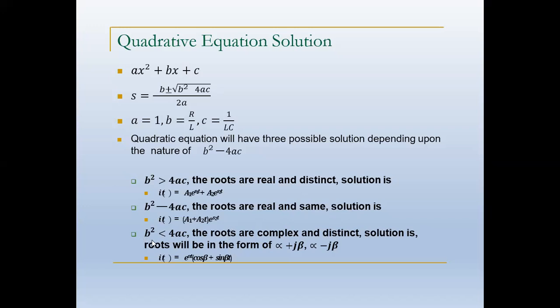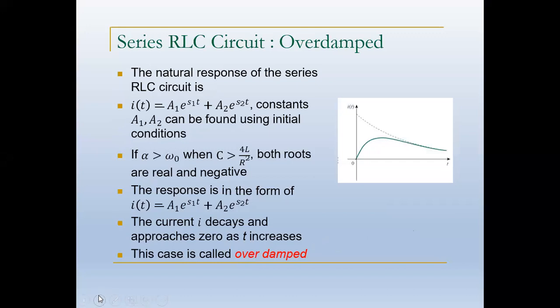Next, if b square is less than 4ac, the roots are complex and distinct, alpha plus j beta and alpha minus j beta, so I of t will be e raised to minus alpha t times (a1 cos beta t plus a2 sin beta t). Whenever we are dealing with these conditions, they are mainly known as overdamped, underdamped, and critically damped.